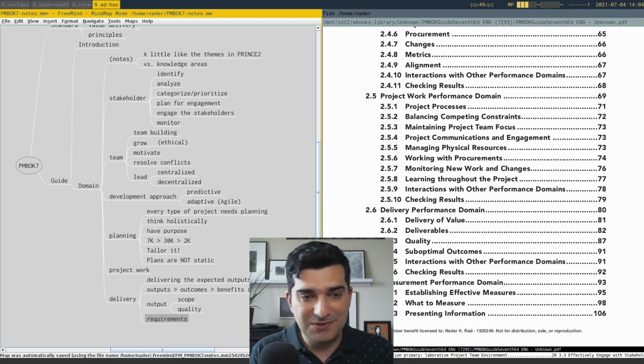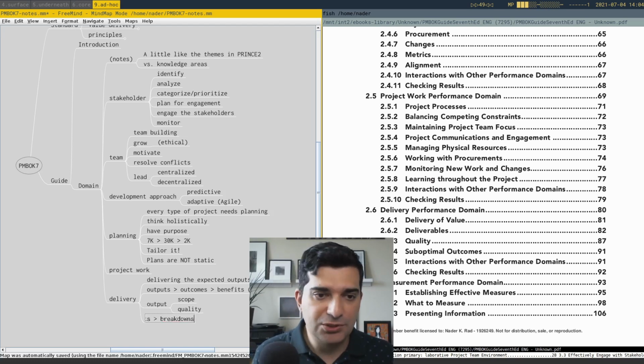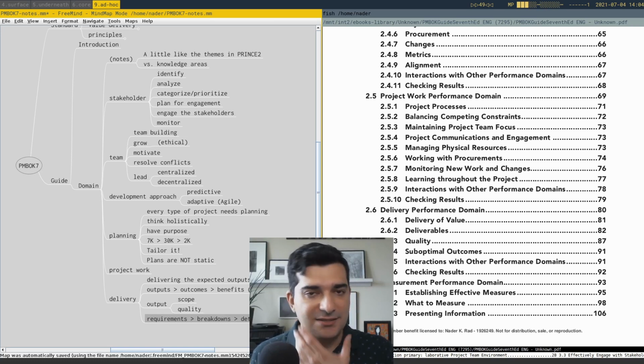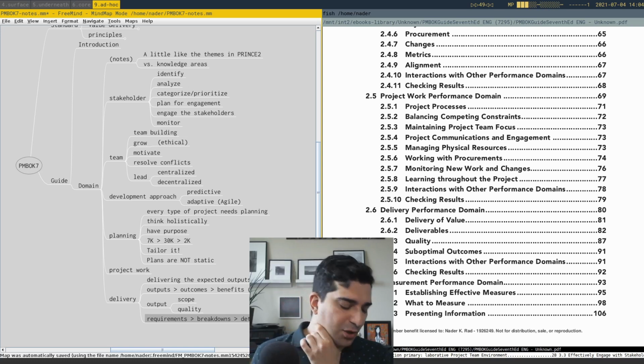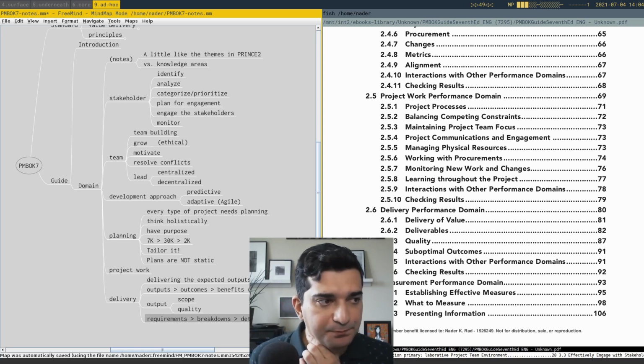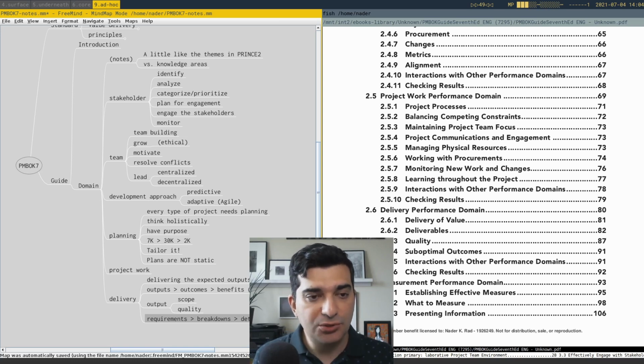We start with the requirements, we create breakdowns, not necessarily, but usually. And then after that, we go through the details of the scope and quality. And our purpose here is to make sure that what we create really satisfies the expectations.